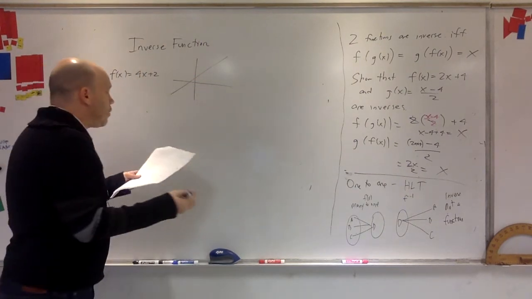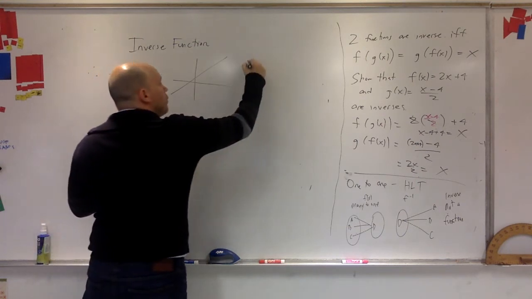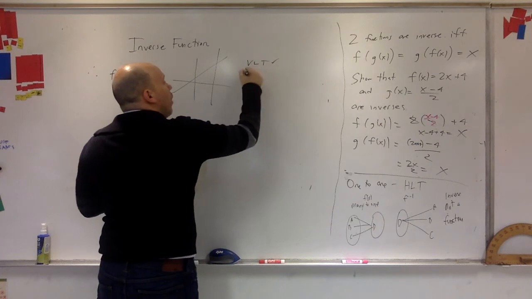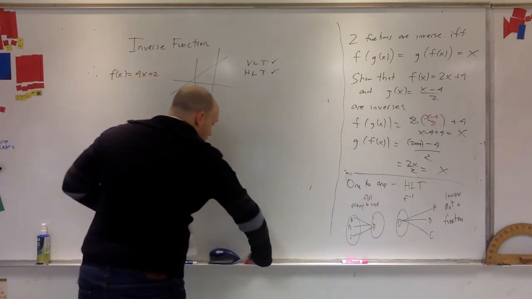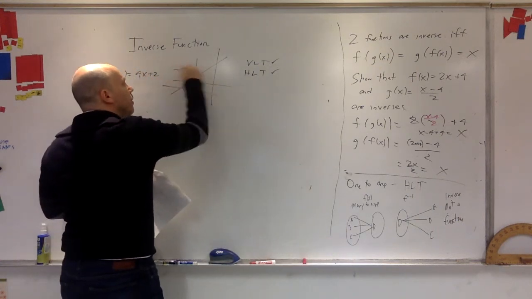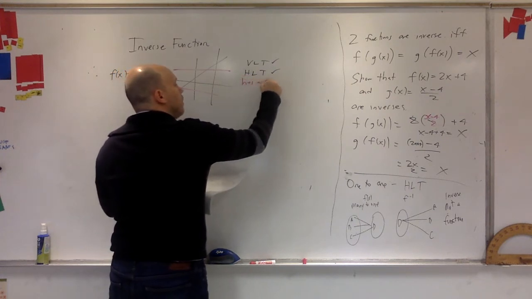So let's see about this. Well, I know it's a function because it passes the vertical line test. And I know it has an inverse because it passes that horizontal line test. Perfect. So this has an inverse.